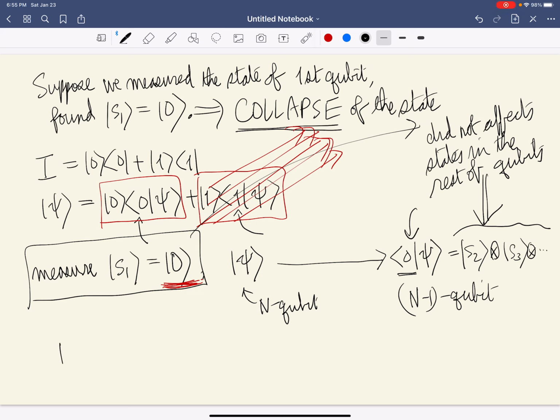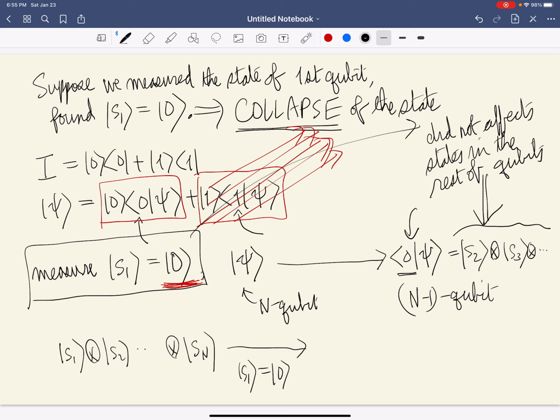Okay, so let me repeat that statement. Suppose initially we had prepared the system in this product of qubit states, and let's say we performed the measurement and found that the first qubit was in a state of 0.